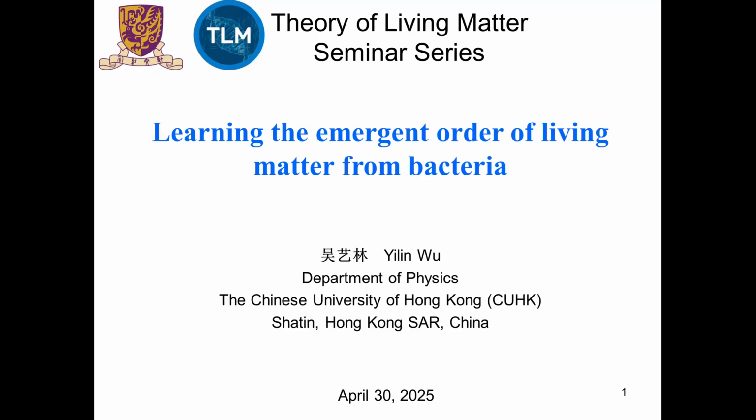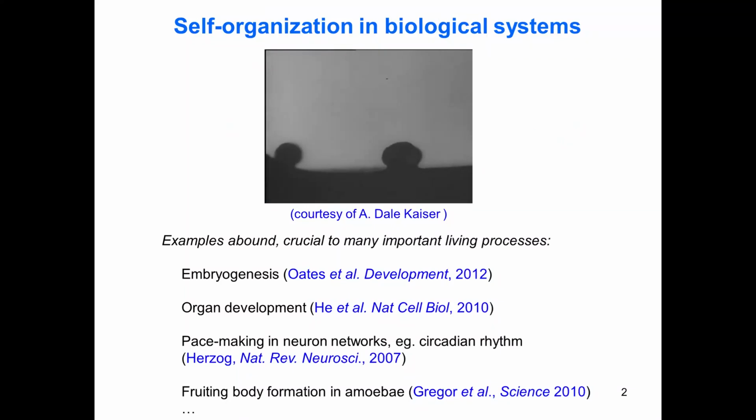And as Feng Tong mentioned, my lab primarily uses bacteria, especially Myxobacteria, to try to understand how order emerges in living systems. As many of us are aware, living systems are characterized by the ability to self-organize.